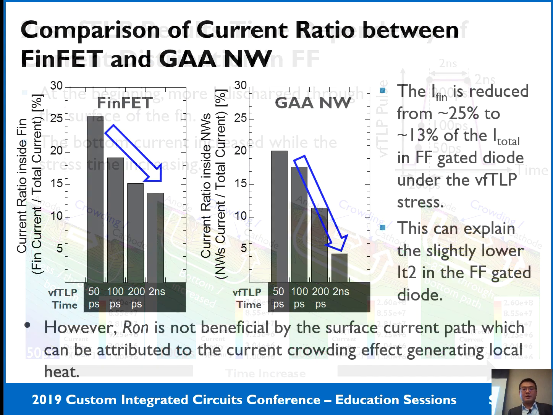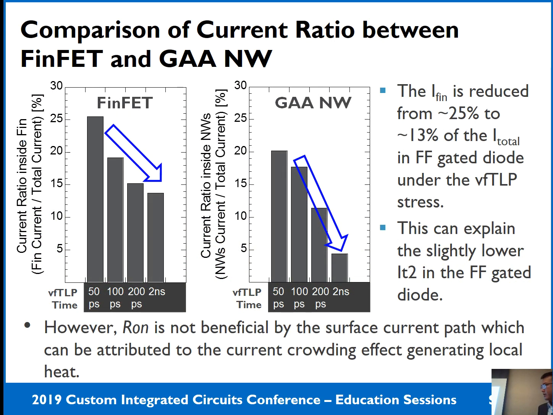The further analysis indicates this degradation of the current ratio will be more pronounced in the gate-all-around gate diode. So that's why the gate diode in the gate-all-around structure still has a slightly higher IT2 compared with the FinFET gate diode.